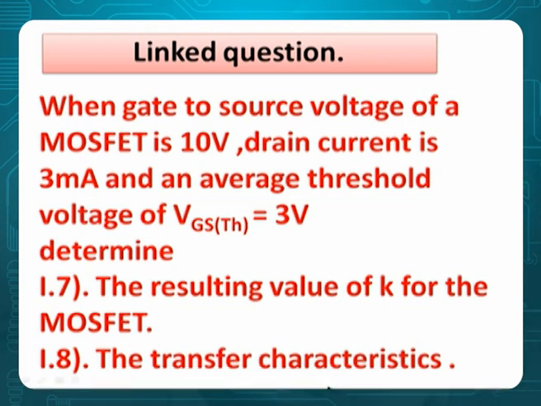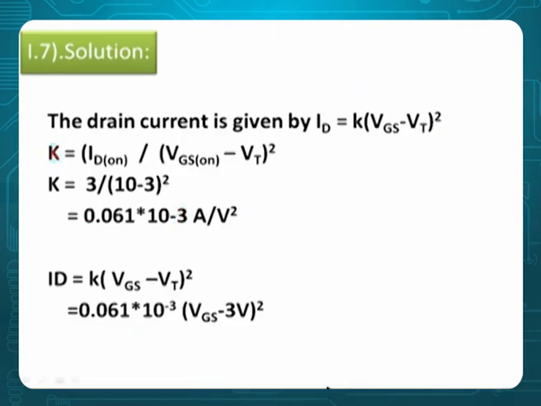In the solution, we know that ID is K, or another constant K by 2, into (VGS minus VT) whole square. Then K we have to calculate.